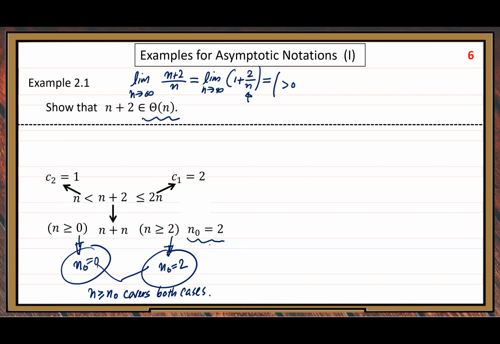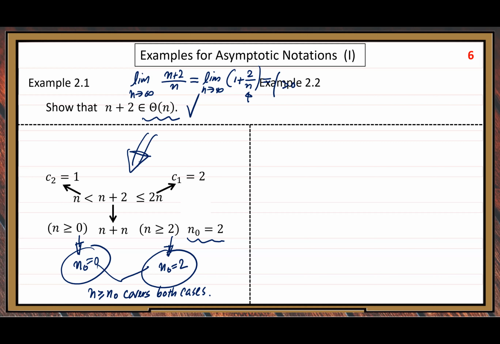So after this much work, we make our conclusion: it is true. You can see you need to do this much work without using the limit way. If you compare these two ways, the limit way and the inequality way, the limit way is easier. With the inequality way, you need to do a little more work.